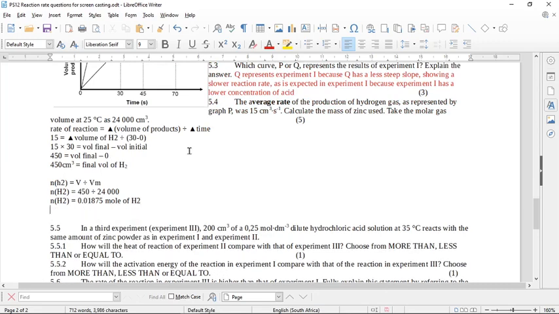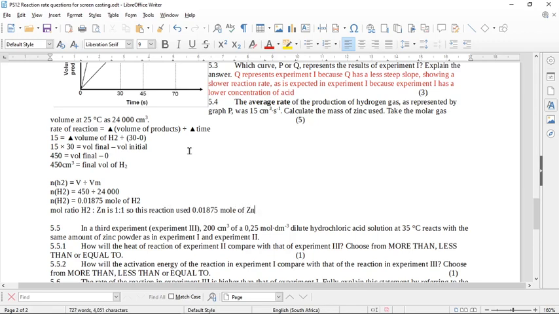So the mole ratio of hydrogen to zinc is 1:1. So this reaction used 0,01875 moles of zinc. Okay, so that's perfect.